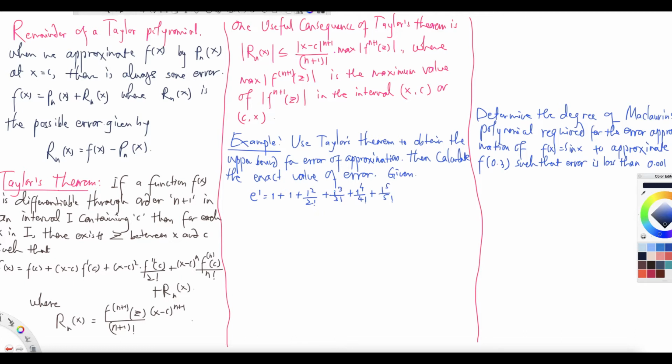It will never be the same function as, for example, natural log of x, or sine x, or cosine x, or e to the x, because the Taylor's polynomial has infinitely many terms, right?